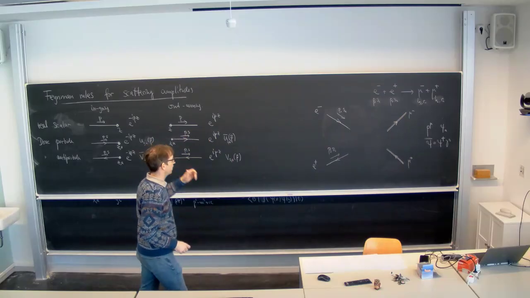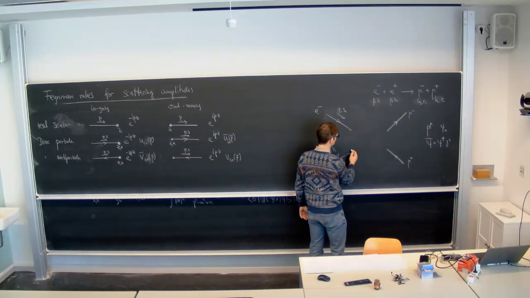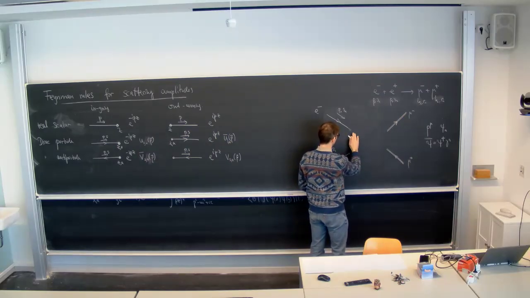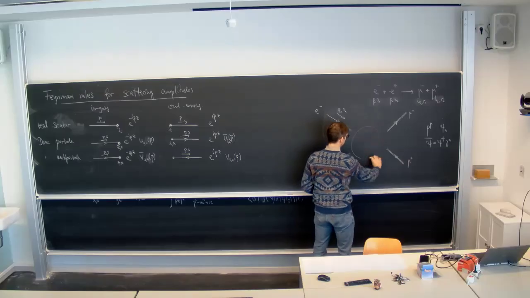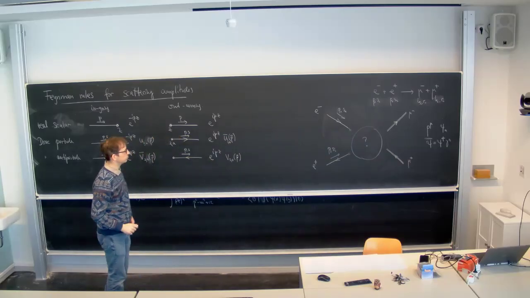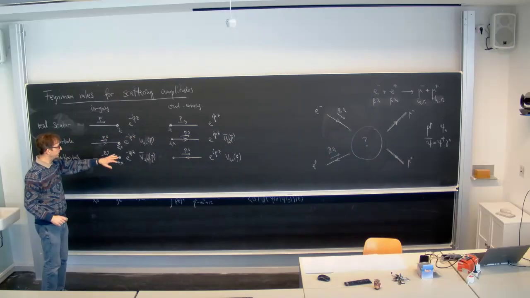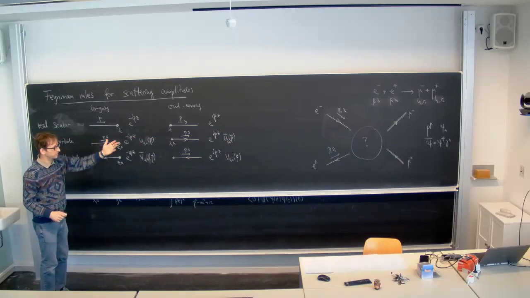Now this is what we have, and now we have to somehow connect it. I don't want to draw a dot yet here because I don't really know what's happening. So here we will have to connect these external lines.